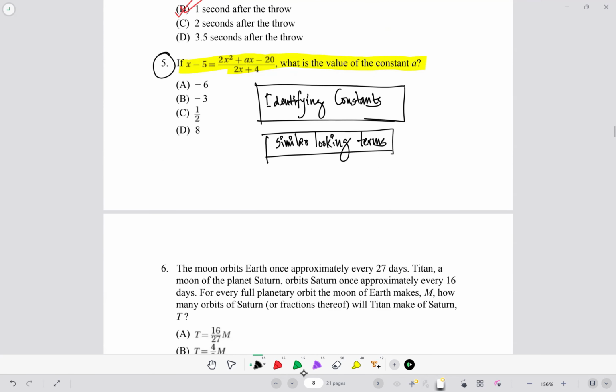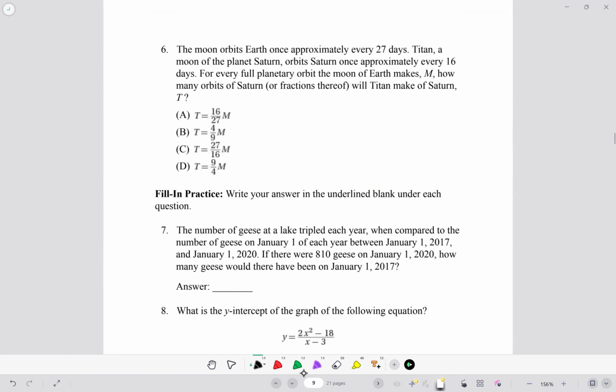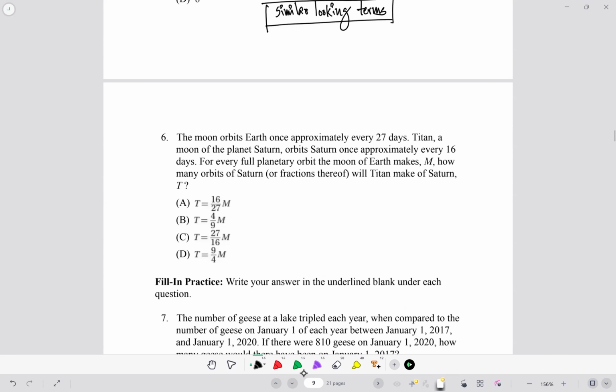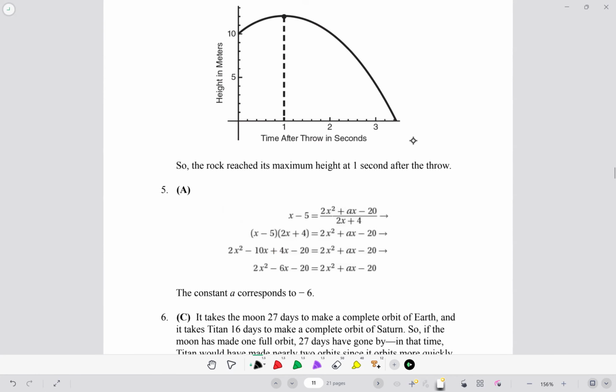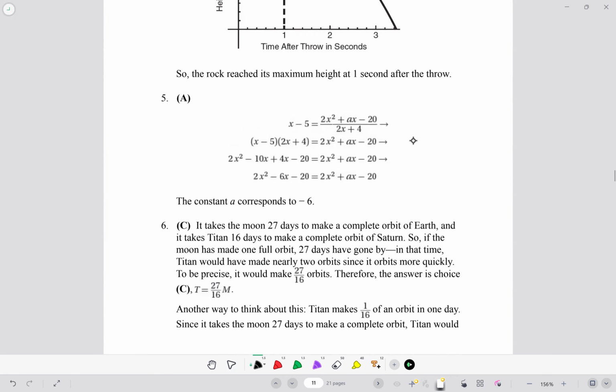To do that, I'm just gonna see what they're trying to do rather than do it in my way, because last time that was kind of a mix. So they're just trying to do the identifying constants in terms of the coefficient equating process.